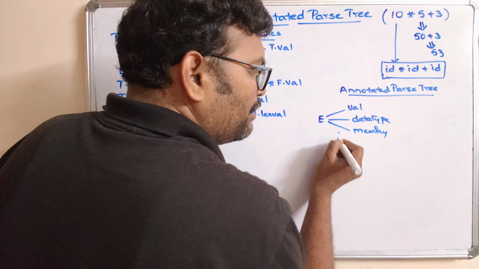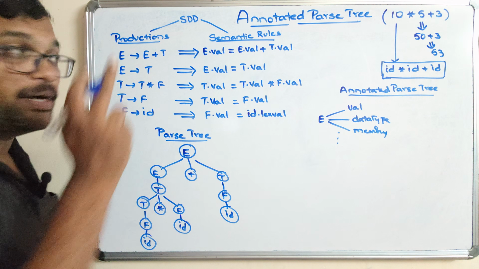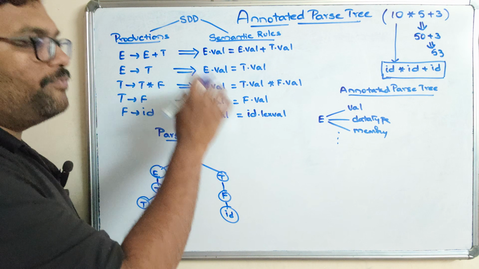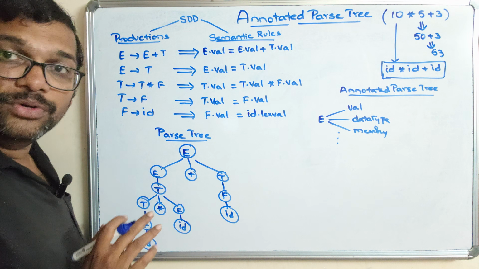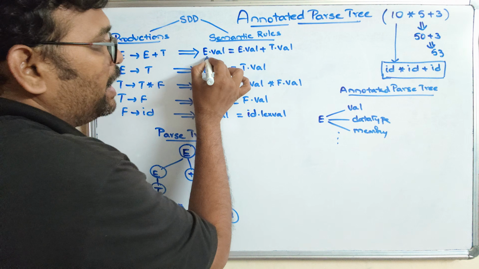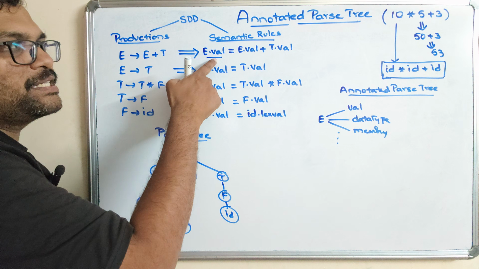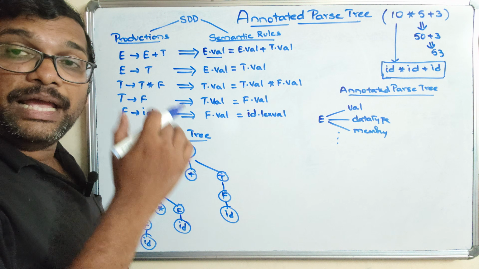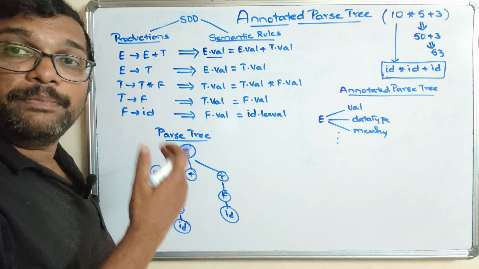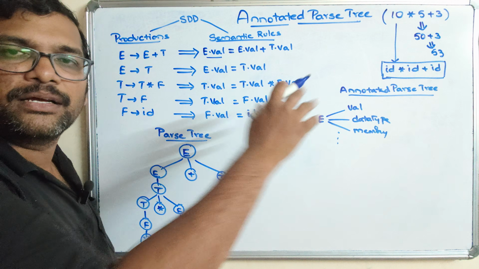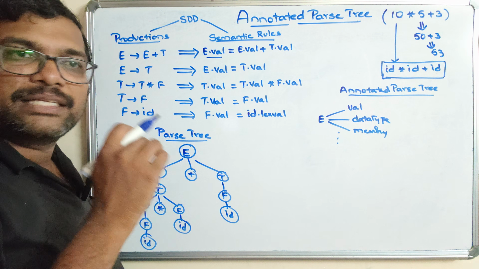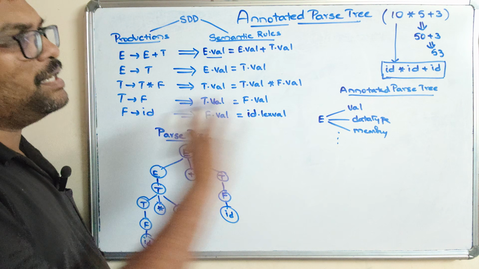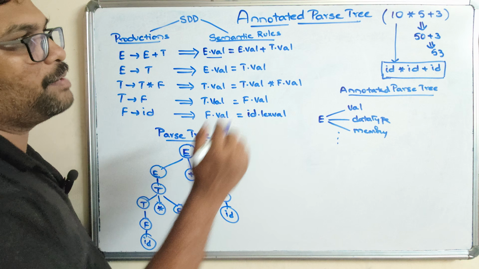So there can be a lot of attributes, but in this particular example we are showing that every non-terminal has only a value. To get this one, it depends upon E.val and T.val. If the LHS is completely dependent on the RHS, we call it a synthesized attribute. So this is a complete example of synthesized attributes.